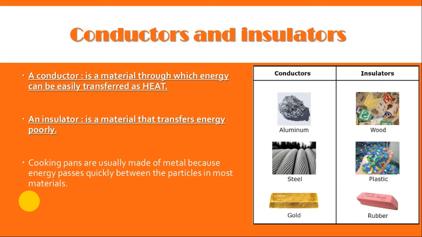Okay? Cooking pans are usually made of metal because energy passes quickly between the particles in most materials. These are examples of materials that are conductors: aluminum, steel, gold. Insulators: wood, plastic, rubber. Okay, so these are examples of insulators, these are examples of conductors.